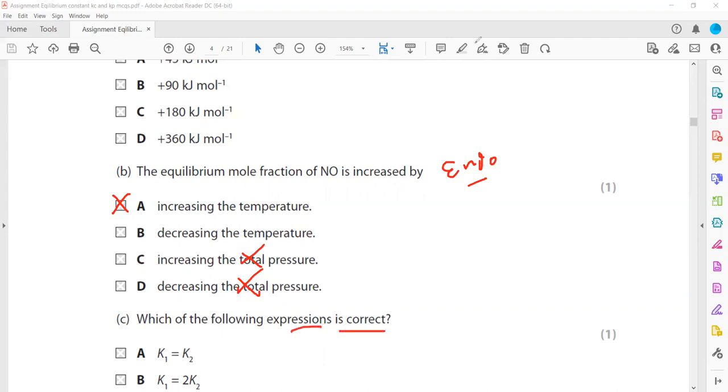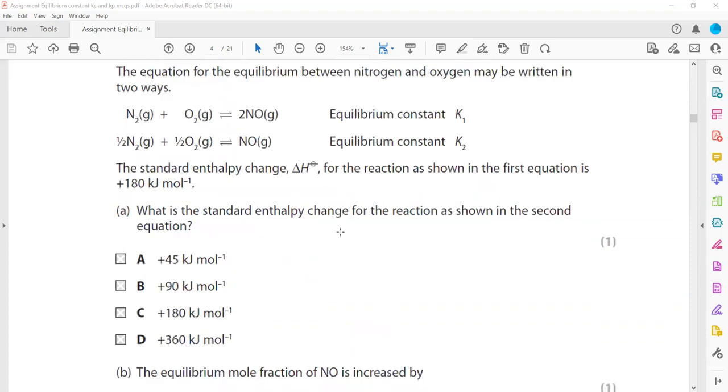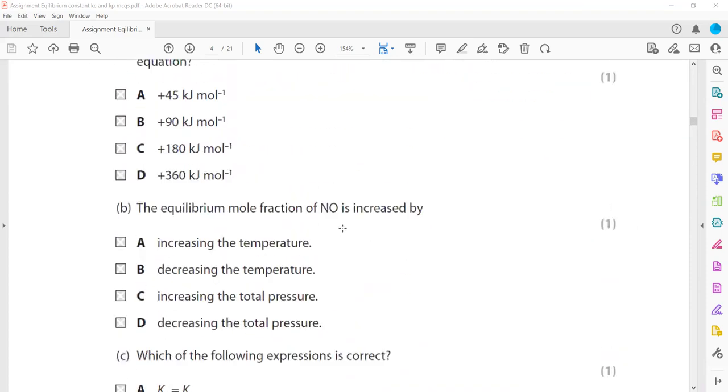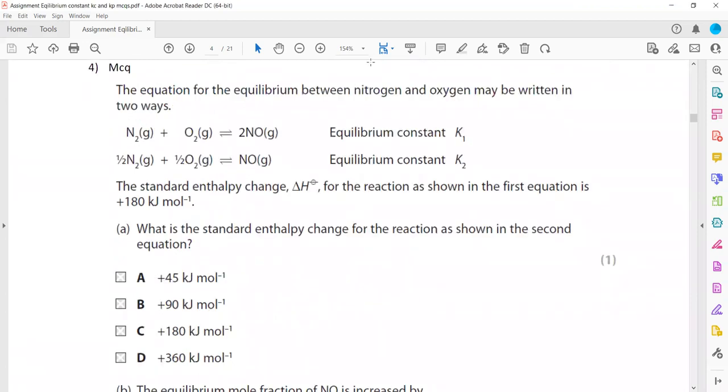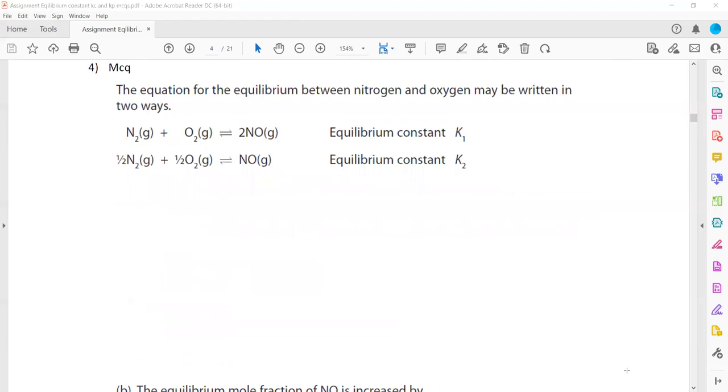When we compare Kc1 and Kc2, which of them is the right answer? These types of questions are also common. The simple way to solve such questions is to write the Kc for both of them. For the first reaction, the equilibrium constant is K1, and for the second reaction, it is K2.